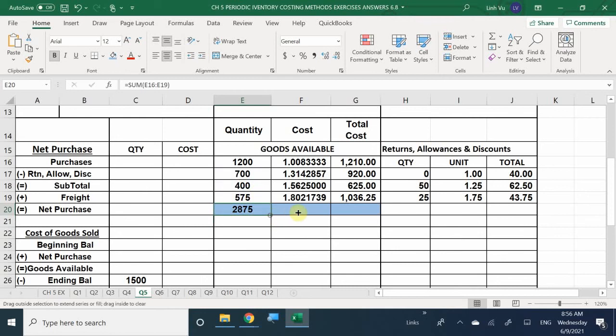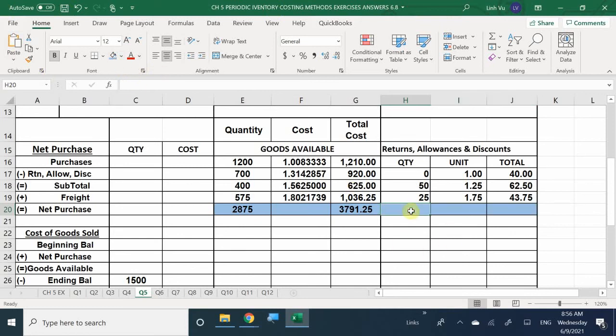And at what total cost are my goods available? $37.91.25. Good. I'm also going to go ahead and calculate my total purchase returns and allowances.